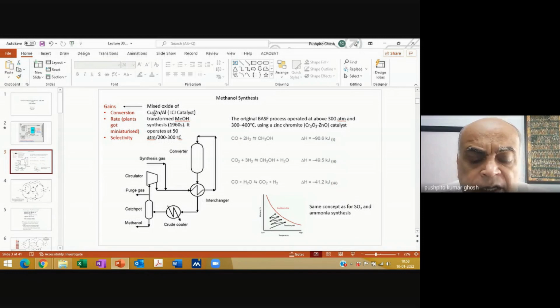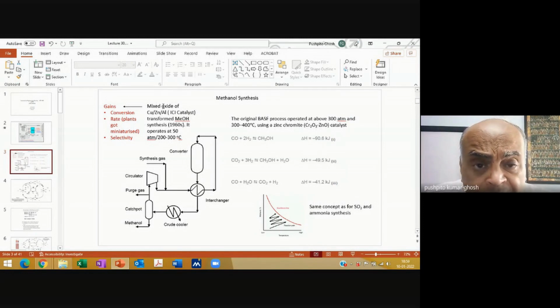And so effectively, this is more or less the same technology which would be practiced the world over. Of course, now other people may have developed their own catalyst, but after the BASF work, this was certainly the biggest breakthrough that was achieved in methanol synthesis.